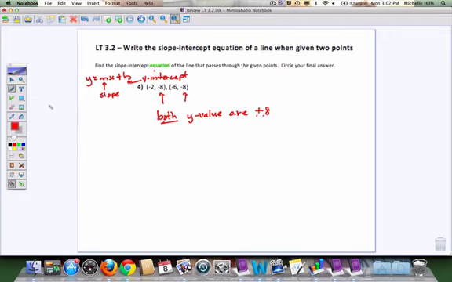Then I don't have to go through the entire equation writing. I can just say y equals negative 8, because when I write an equation, I'm trying to say what these points have in common. Sometimes they have a fairly complex calculation in common. In this case, both of the y values are negative 8.